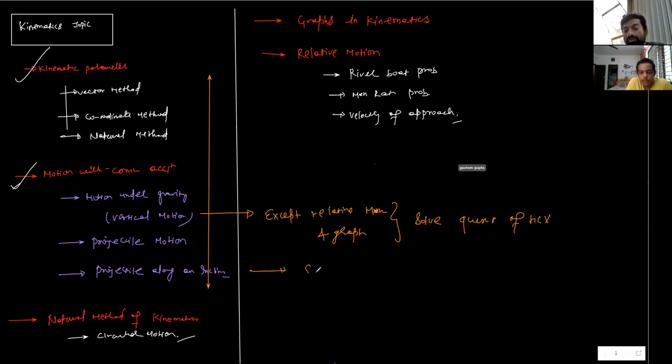And solve Irodov, the selected questions that I have given in the last class. So basically, next class, before I start natural method, you ask me questions from HC Verma. So next class will be HC Verma problem discussion.